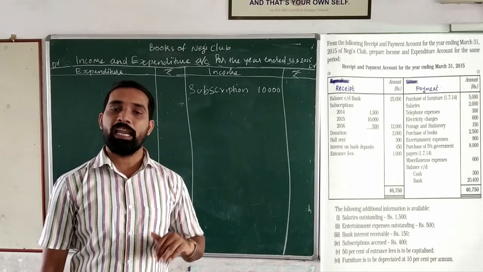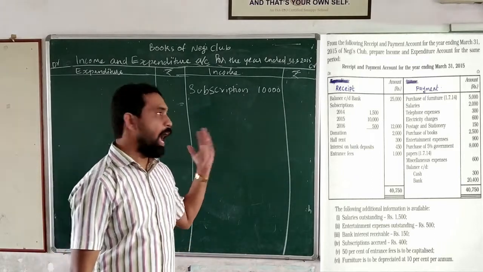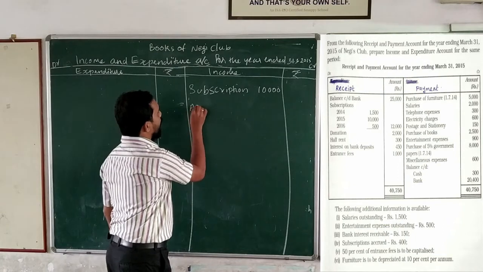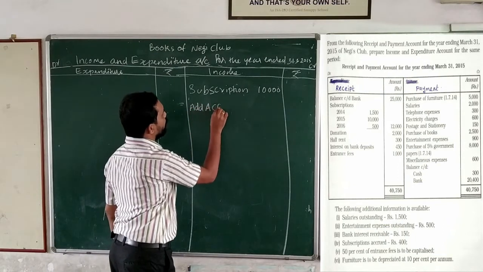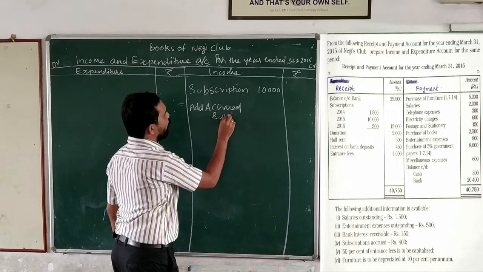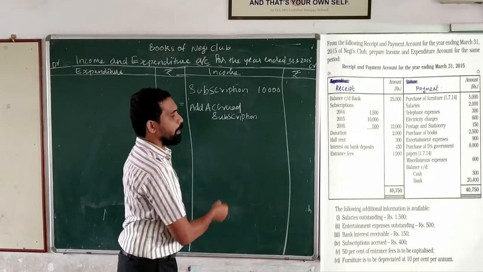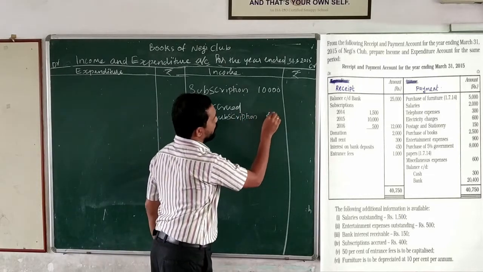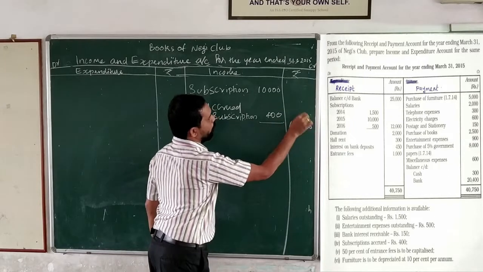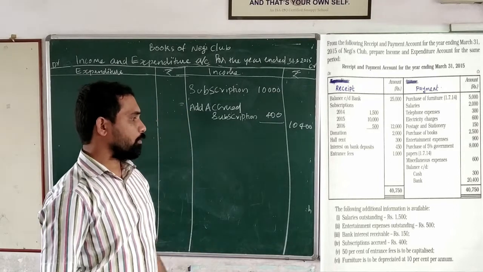So we know that accrued income means we want to add this amount. So add accrued or outstanding subscription, rupees 400. So 10,400 in the amount column.